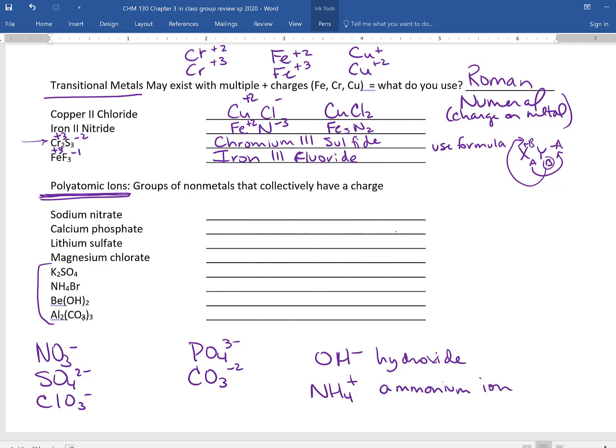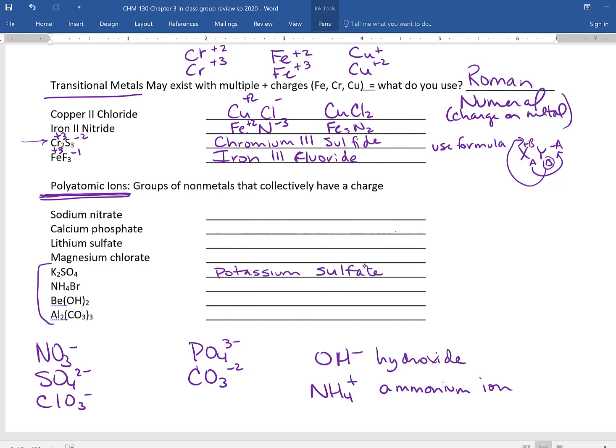So K2SO4, what would you call that? Potassium? Sulfate. You just use the name of the polyatomic. Okay, so the SO4 as a group is the sulfate.